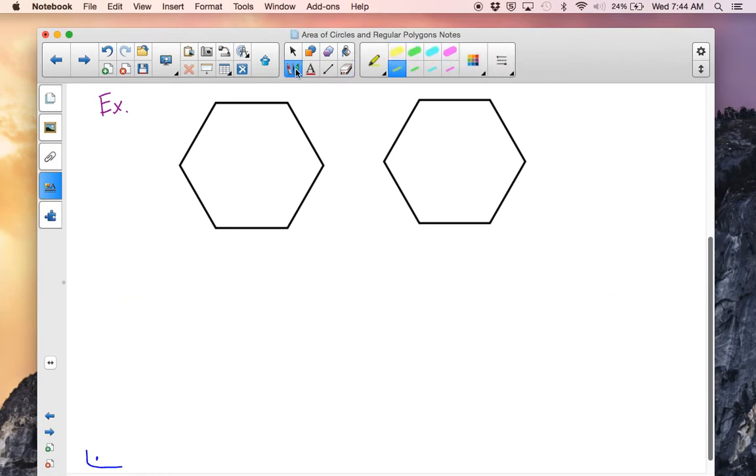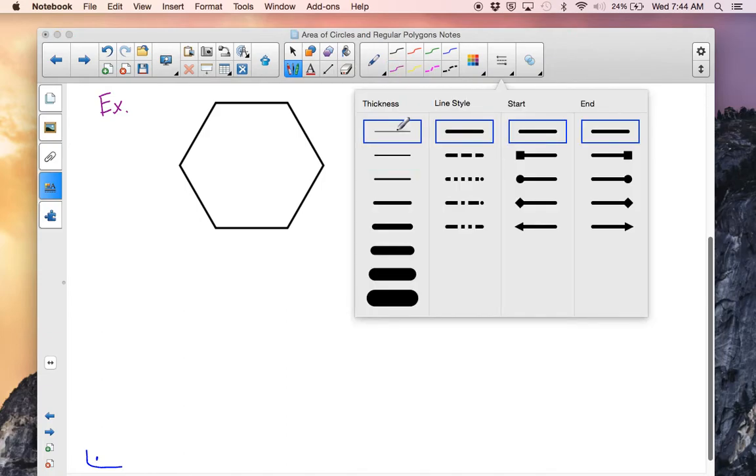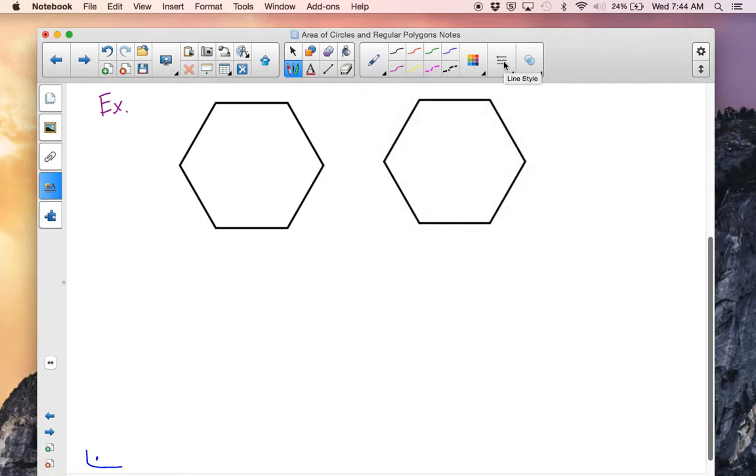Rework it. All right, so in a hexagon, and only a hexagon, you can divide it into equilateral triangles. Okay, watch what I mean by that. A hexagon has 6 sides, so if I cut this up into 6 triangles, 360 degrees divided by 6 is 60 degrees. That means that each one of these triangles here has a 60-degree angle at the top.